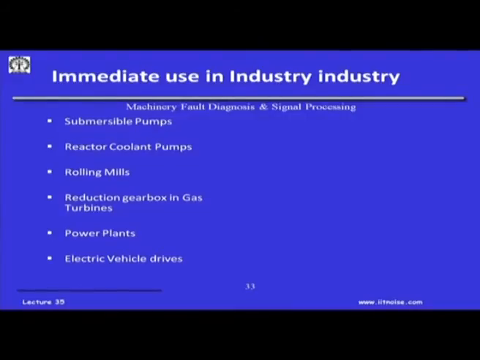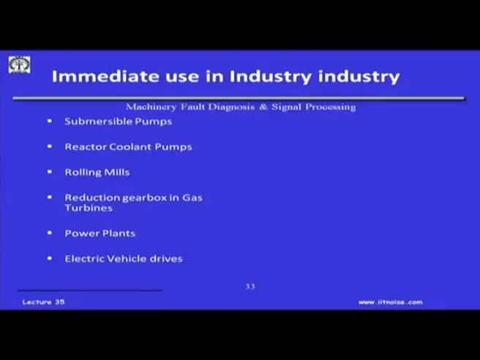Okay. Rolling mills, there are a lot of motors which are driving the rolls. So, if one of the motors fails, it is going to have a serious effect on the rolling production. Reduction gearboxes in gas turbines, power plants, and nowadays a good candidate for motor current signature analysis is electrical vehicles which are moving around.